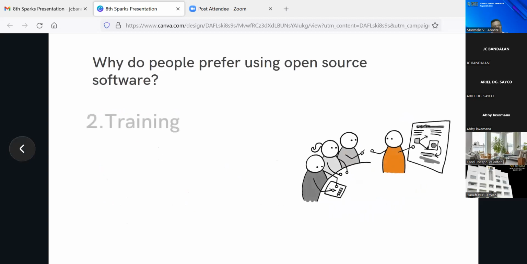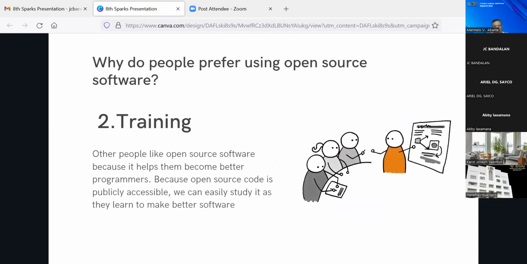Also, the reason why people prefer using open source most of the time, number two, is for training purposes. Actually, in our company, this is being utilized by those software developers of ours who just got onboarded to the program and are just trying to learn the programming, how we do things. Because open source code is publicly accessible, our developers can easily study it as they learn to make better software.